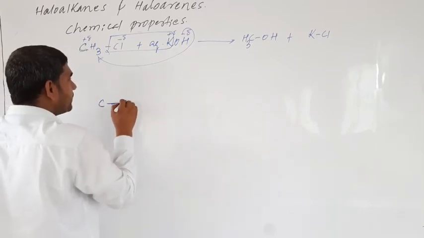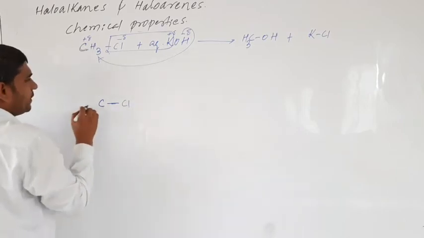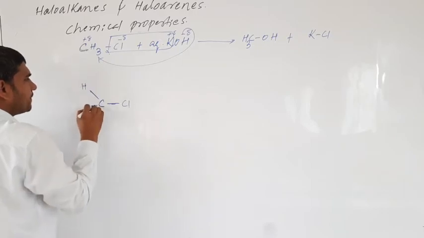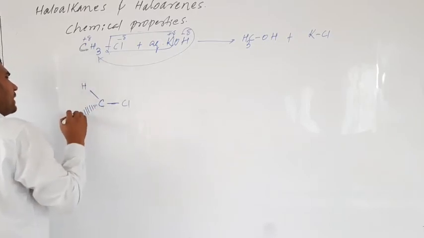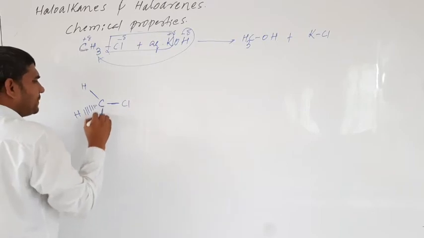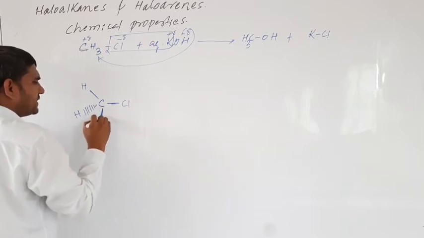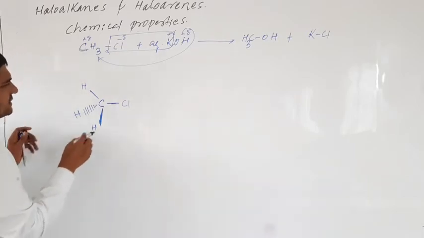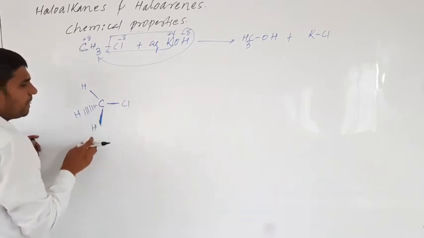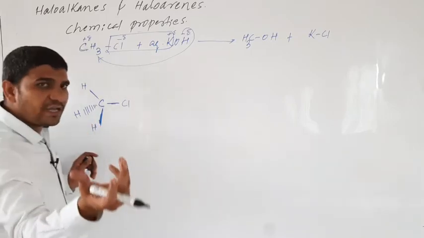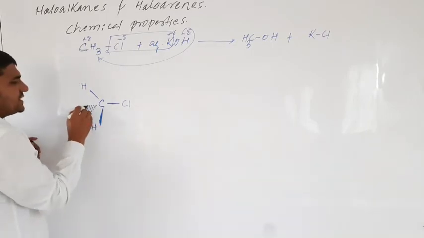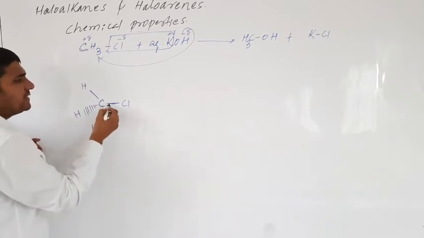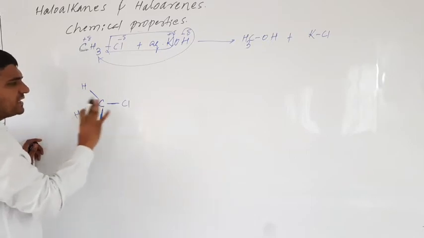Over here is a Cl, and 3 hydrogen atoms, H. I think you know this representation. This is a 3-dimensional representation of a molecule, where the solid wedge indicates the group is pointing towards the observer, the dashed wedge indicates the group is away from the observer, and the two simple lines indicate they are in the plane.